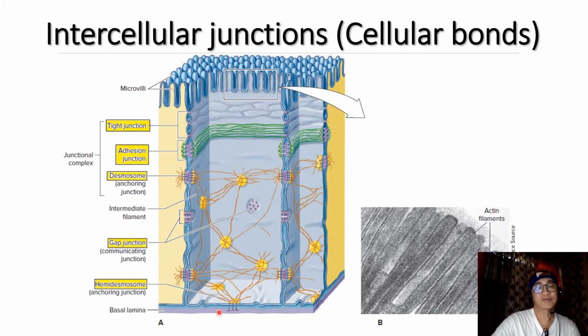Hemidesmosomes, shown here at the bottom, occur at the base of epithelial cells and anchor them to the underlying connective tissue layers. In this way, the epithelial cells cannot just be sloughed off or torn away from the underlying tissues because of these hemidesmosomes.